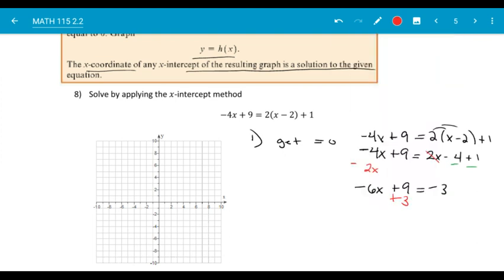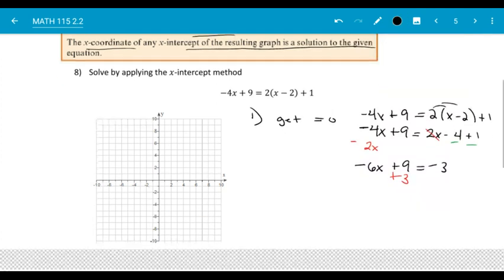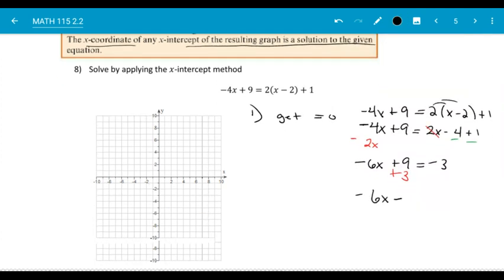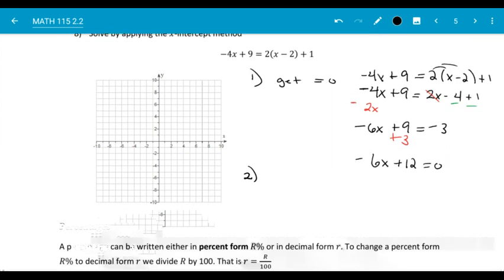And then we can add that 3 to both sides, and you have negative 6x plus 12 equals 0. So we want to graph y equals negative 6x plus 12.